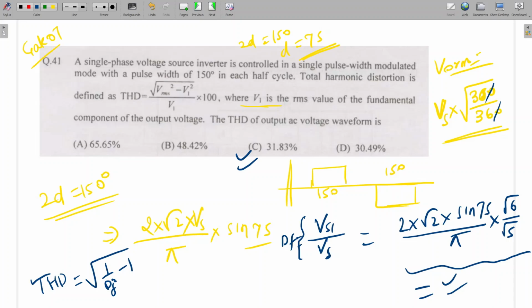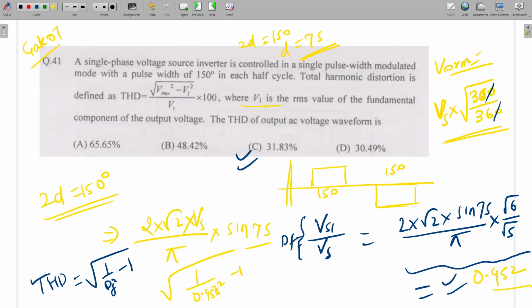Pi into root 5. 0.952 we are getting. Yes, sir. 0.952. So it will be 1 by 0.952 whole square minus 1. So 1 by 0.952 whole square minus 1. 32.1, almost the same. Maybe some part I have left out, that's why. So 31.83 is the correct option.